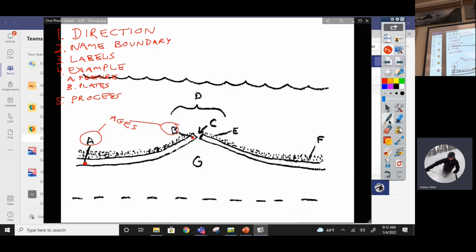Because I've talked about it so many times. And then for E and F, you have to tell me something about the sediments. They're both about sediments, but there's something that is different between them that you got to tell me about.